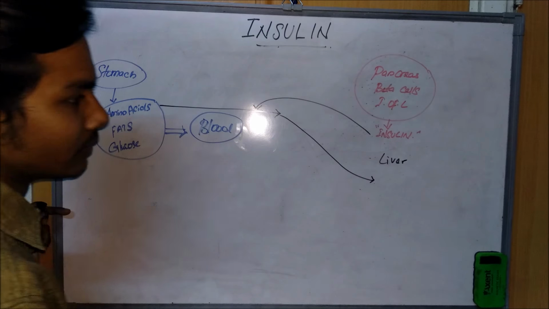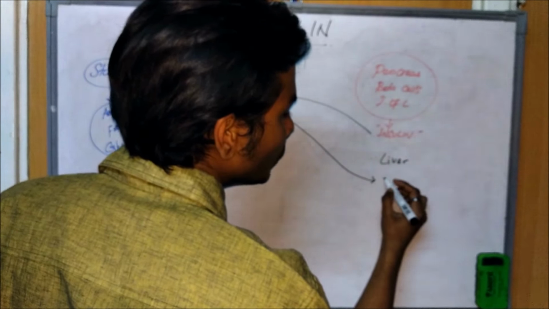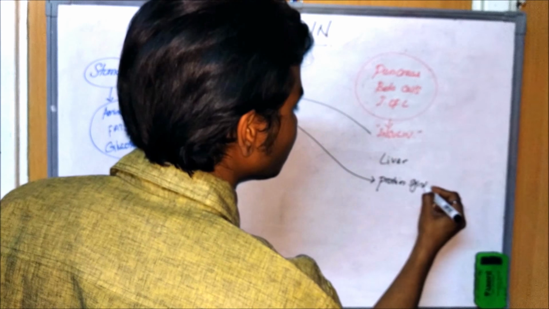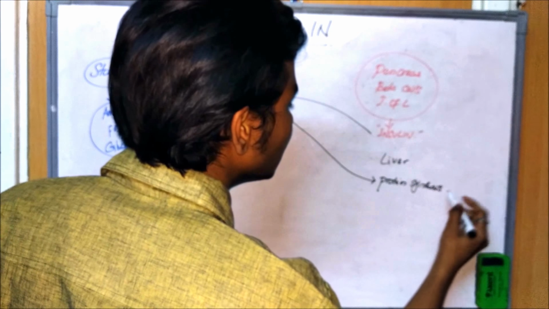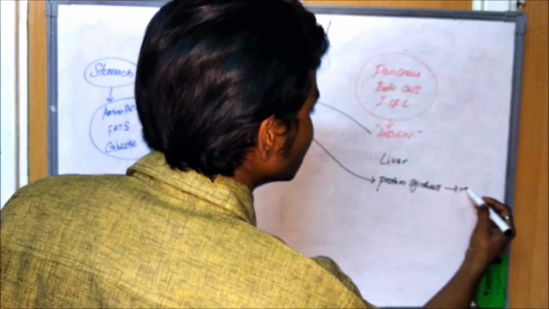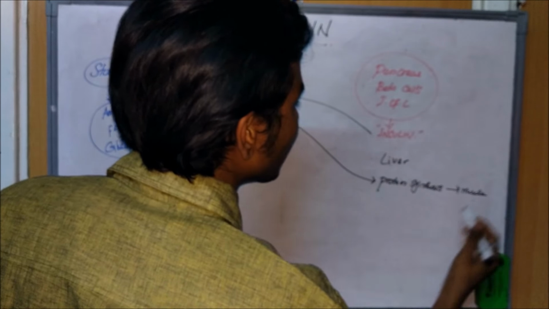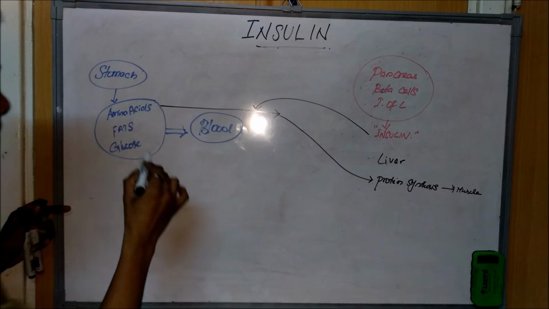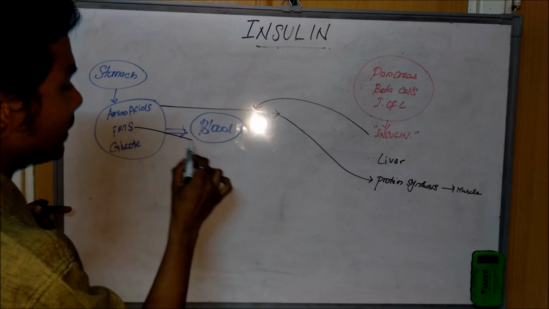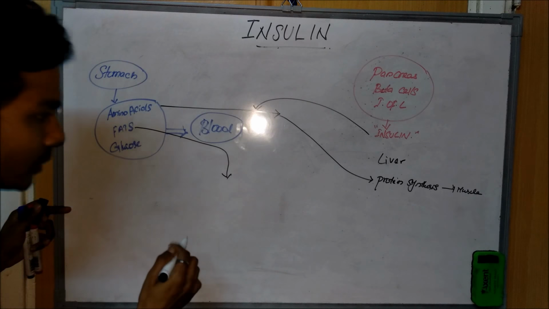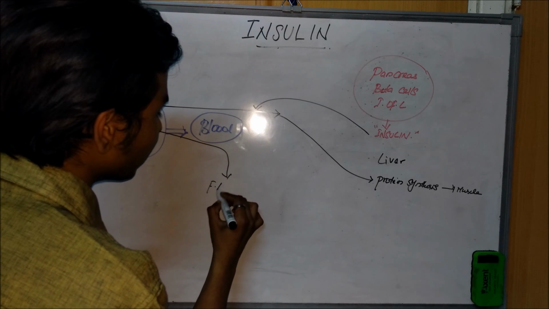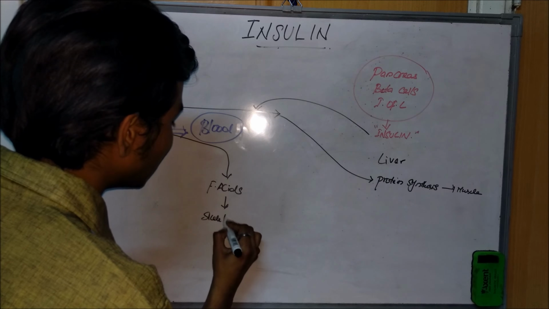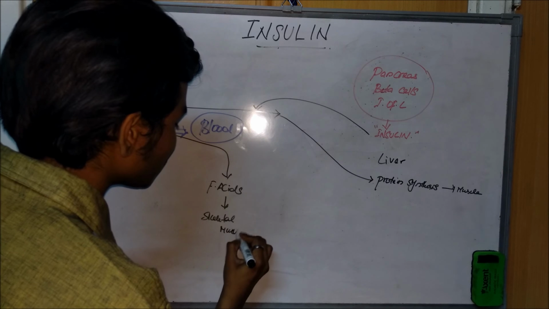In the liver, the amino acids start protein synthesis, which is then stored in muscle and used for other metabolisms. The fat is converted into fatty acids and stored in skeletal muscles.